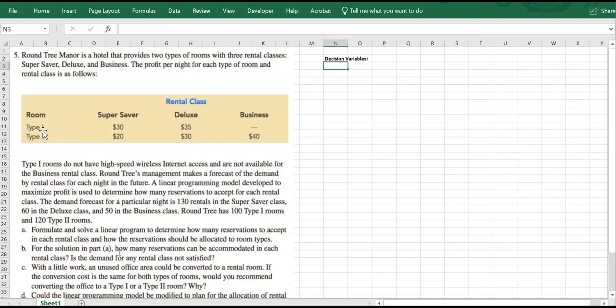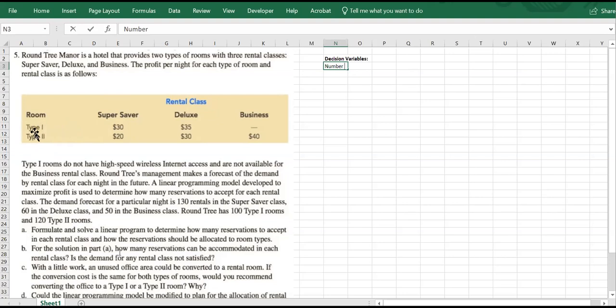So we have 100 rooms of type 1 and 120 type 2 rooms. And the question that we want to answer is how to allocate these rooms to different classes. So I would call this my decision variables. The number of room type 1 to be allocated to Super Saver, that would be one decision to make.